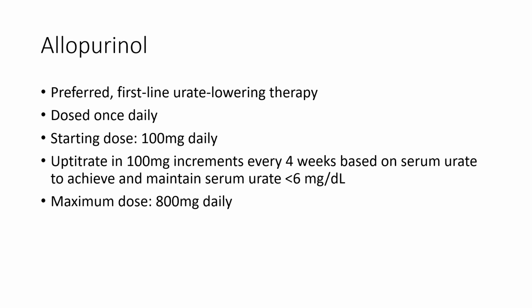Allopurinol, as the preferred first-line urate lowering therapy, is dosed once daily, starting at 100 milligrams. The dose will be up-titrated based on serum urate response to achieve a serum urate target of less than 6 milligram per deciliter. And the max dose will be 800 milligrams daily.